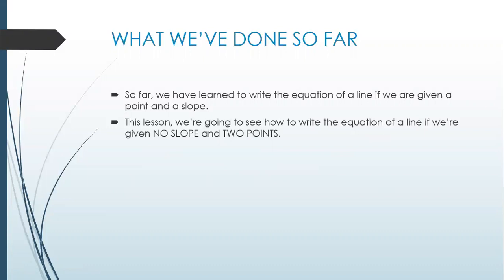This lesson, we're going to see how to write the equation of a line if we're given no slope and 2 points. So before we had a point and a slope, now we have no slope and 2 points. It's a slightly different problem, but we're going to see how we can work this out.